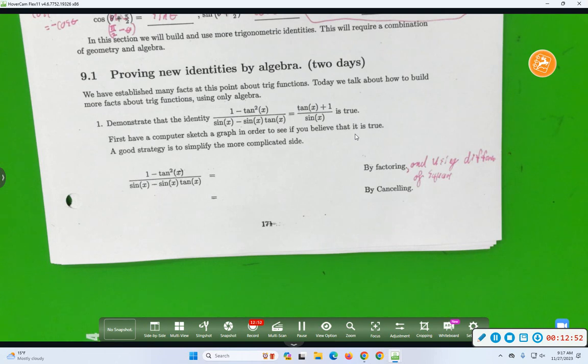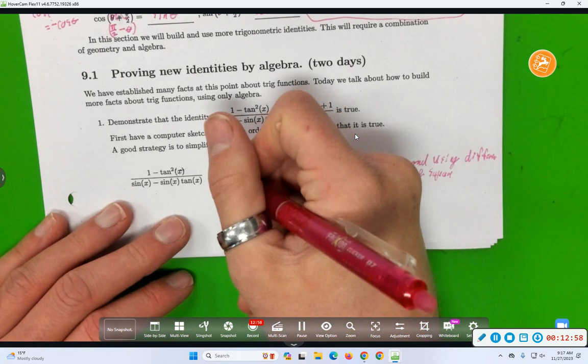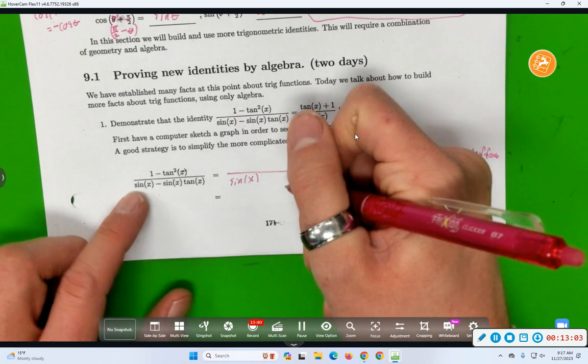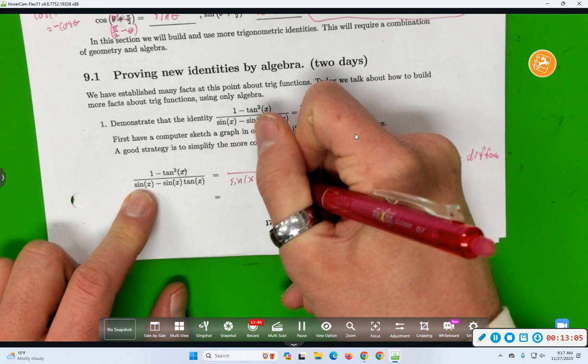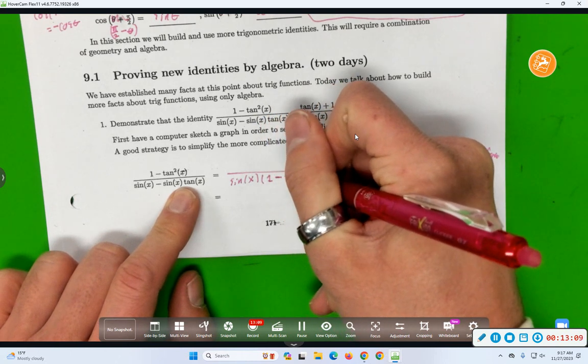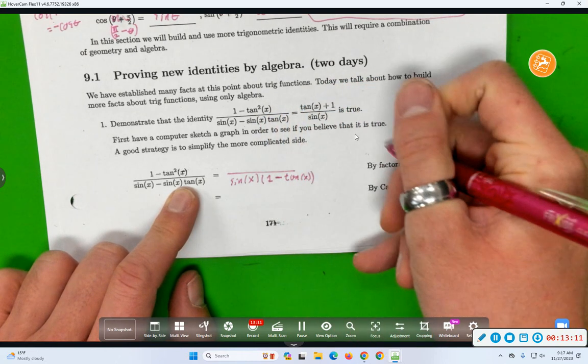Yeah, what common factor do you see? Sine of x. Let's pull out that sine of x. You pull a sine of x out of sine of x, you get 1. Pull a sine of x out of sine x tangent x, you get tangent x. Cool.